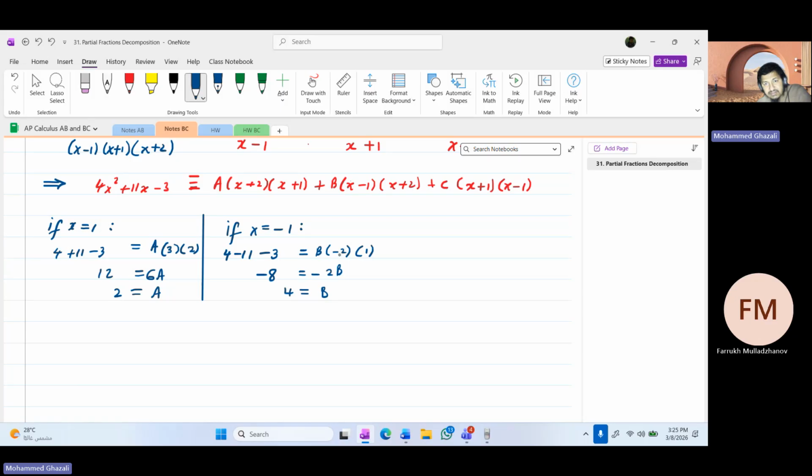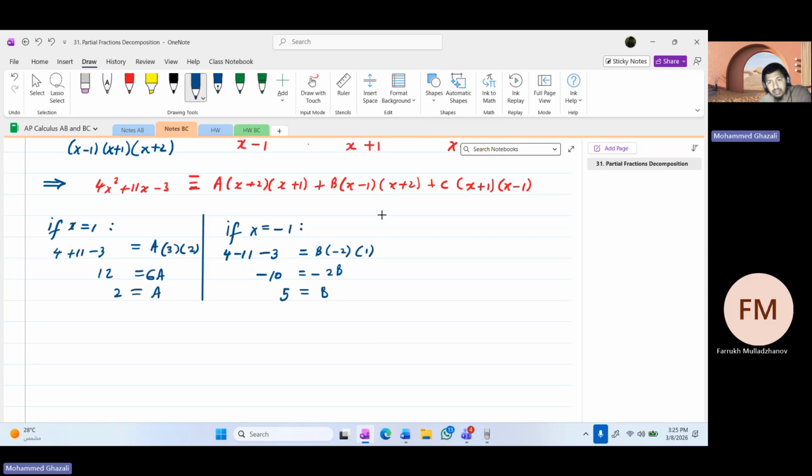For B, it is negative 2, negative 1 plus 2 is 1. Sorry, 4 minus 11 minus 3 is negative 10. Yeah, that's where I'm making a mistake, sorry. Just bear with me, all right? So that will be 5.